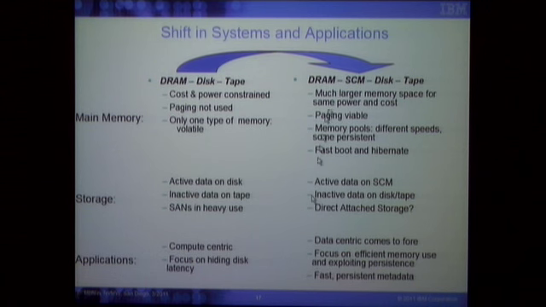And of course, one of the things that's been talked about a great deal in terms of leveraging the persistence characteristic of these kinds of memories is trying to improve the reboot time. If you have logged out of your machine and you want to be able to boot much faster than what it takes these days to do it, if it's a disk-based way of rebooting, then the use of something like SCM could be very valuable.